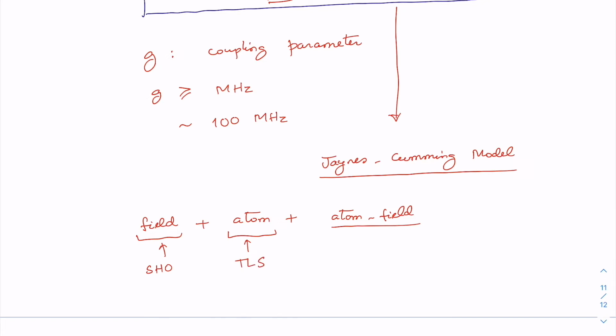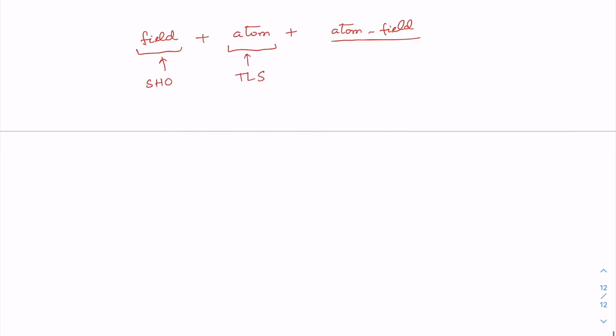So let us now write down the full Jaynes-Cummings Hamiltonian. First of all, we have a field mode, which we can write as a simple harmonic oscillator, ħ omega a†a, where omega is the frequency of the mode.